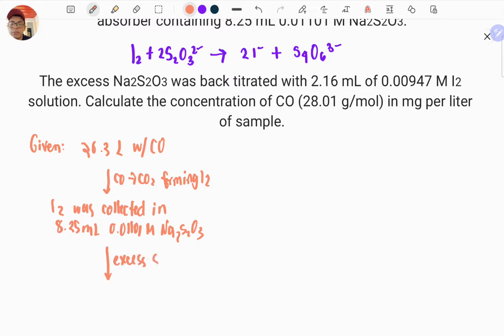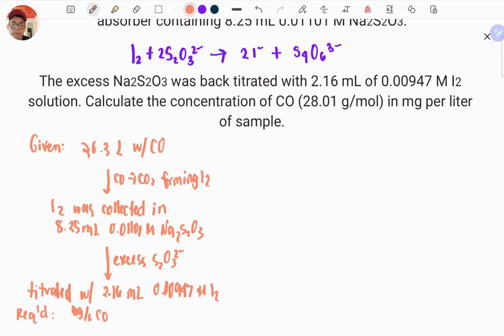Excess S2O3 was titrated with 2.16 ml of 0.00947 molar iodine. We're asked to provide the milligrams per liter of carbon monoxide, 28.01 grams per mole.